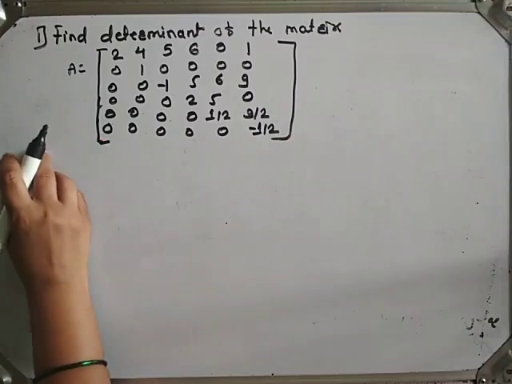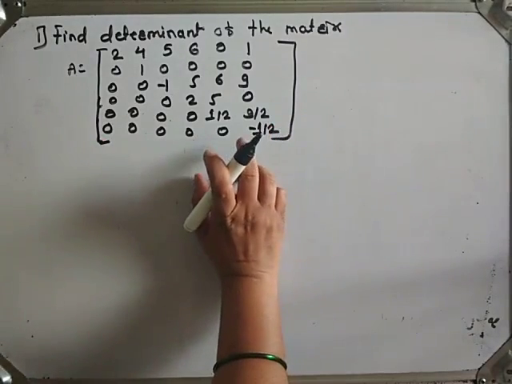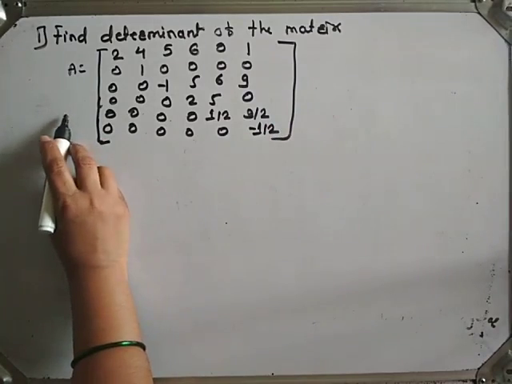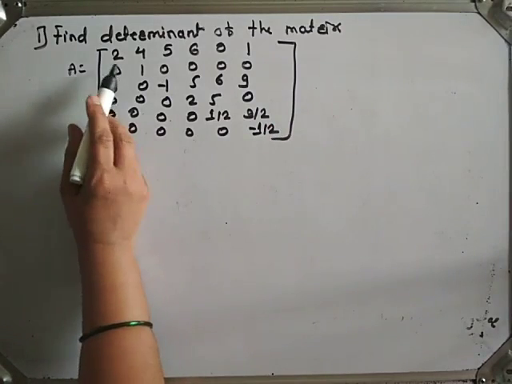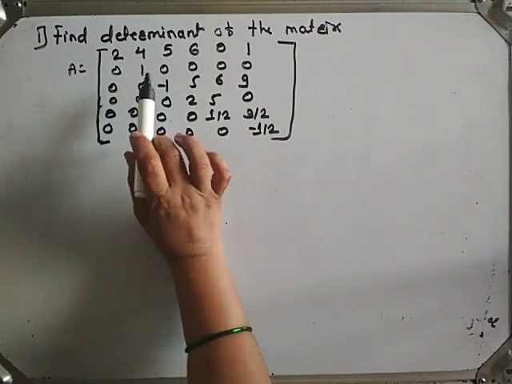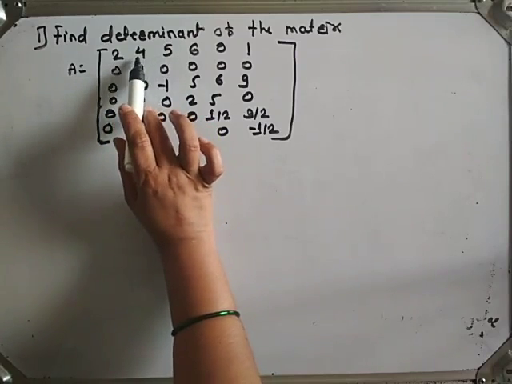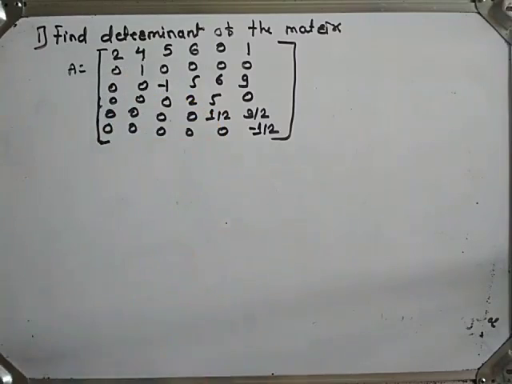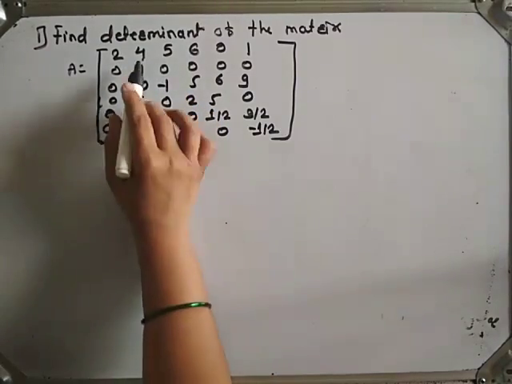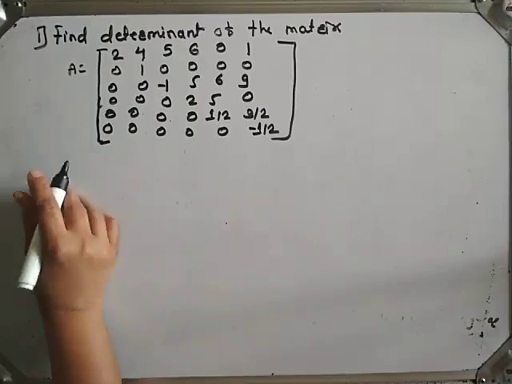Here we have to find determinant of this matrix. This matrix is an upper triangular matrix because all entries below the diagonal entries are zero.